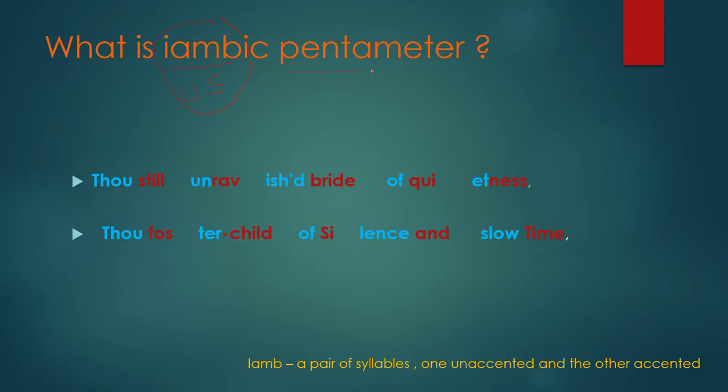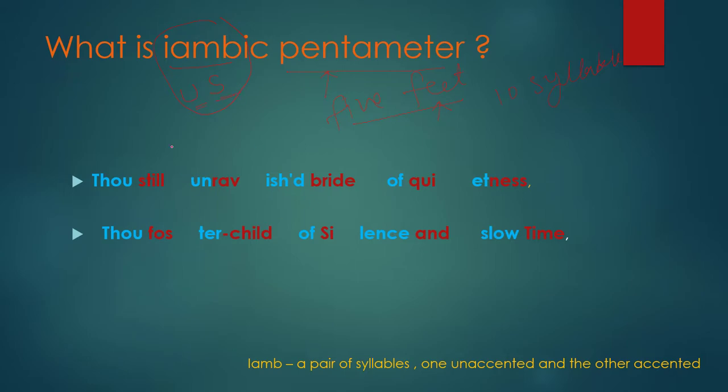Penta means 5. We have 5 feet. 5 feet means we will have 10 syllables, but we will have 5 feet. And because it's an iambic pentameter, all these feet will have the pattern of unstressed and stressed syllable.